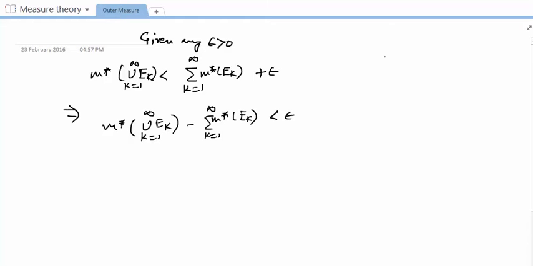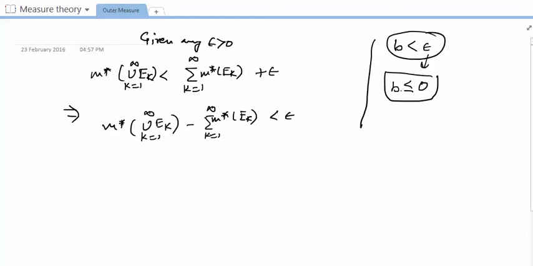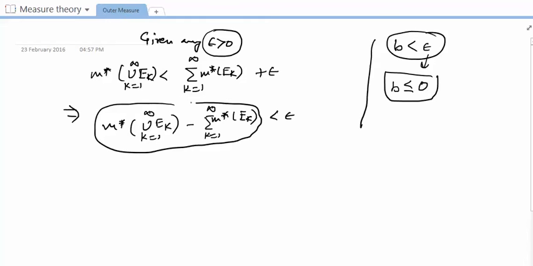Now look at this. If you say that a number b is less than every positive number, it means that this number is less than or equal to 0. A number which is less than every positive number is either 0 or negative. Now you are saying that given any epsilon greater than 0, this number is less than that number. So the number on the left hand side is less than every positive number, therefore it is less than or equal to 0.